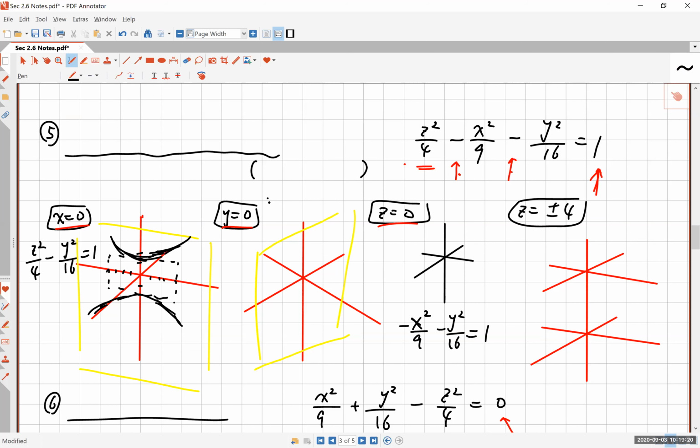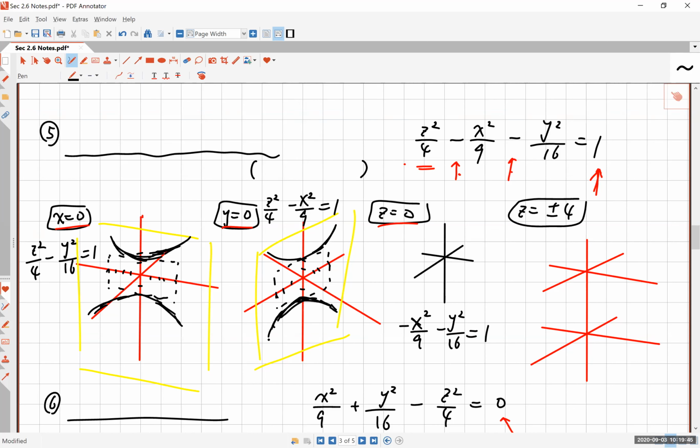And then you do z squared over 4 minus x squared over 9 is equal to 1. So this will be 2 up, 2 down, 3 in the x direction, 3 in the negative x direction. You do your guiding rectangle, which is 4 by 6. And z comes first, so it'll be this hyperbola, okay? So far, similar to what we had before.